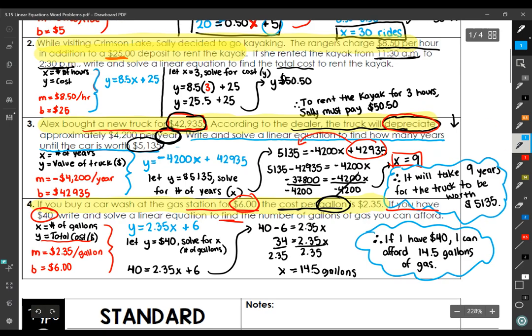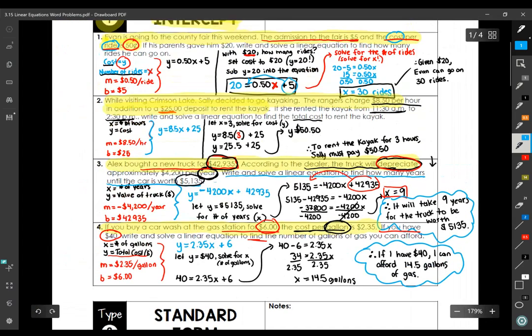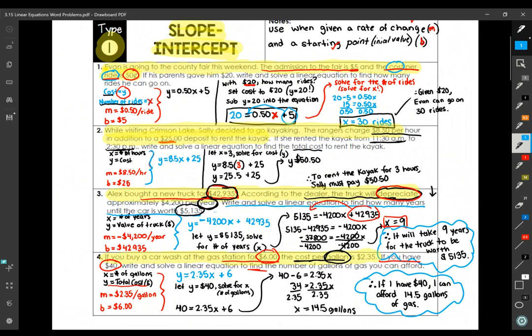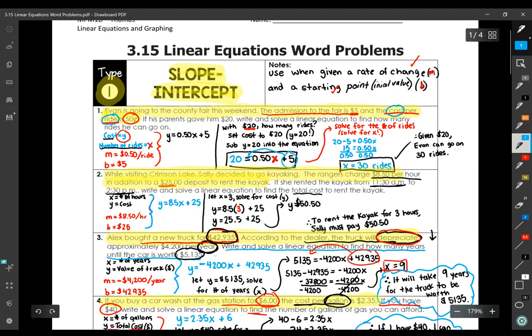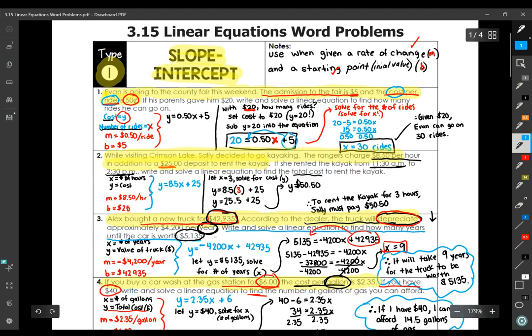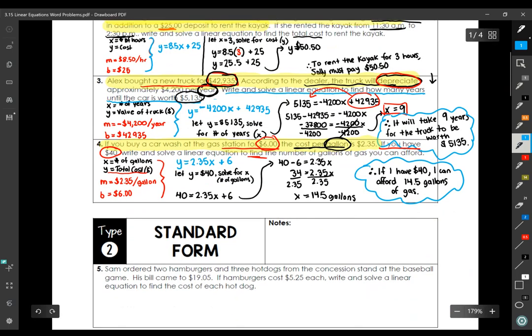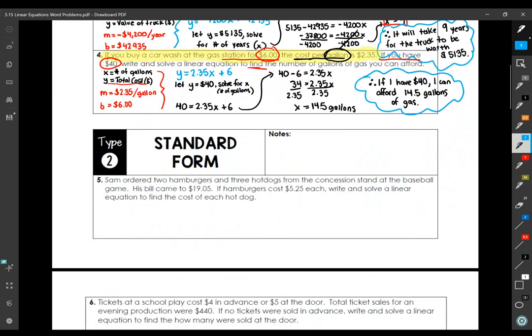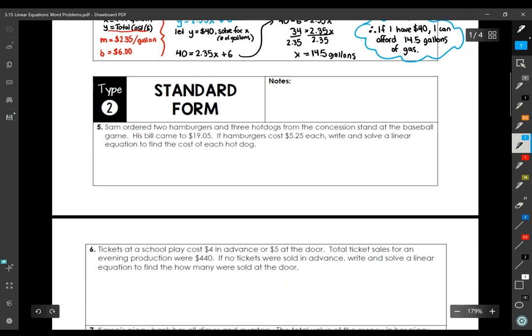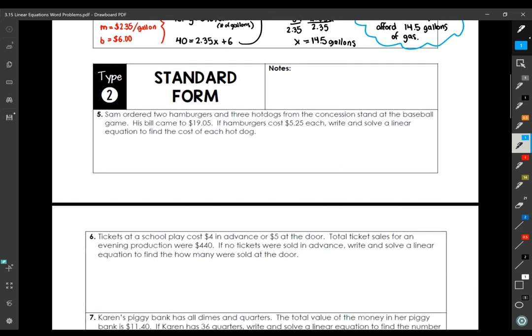All right, so those 4 questions have to do with us using the linear equation in slope-intercept form. Okay. So now we're going to move on to type 2 of problem solving with linear equation.